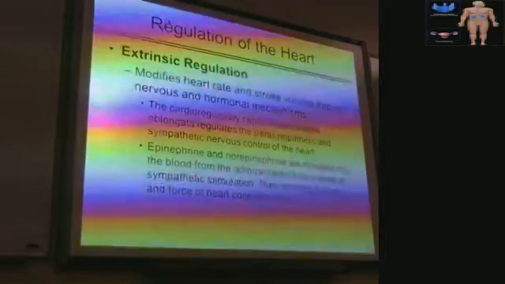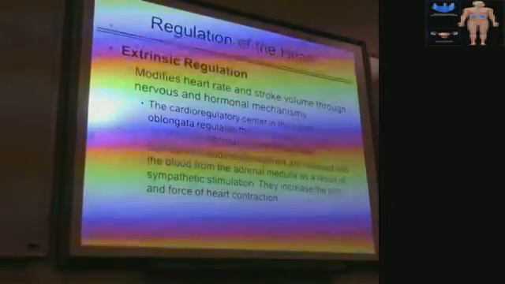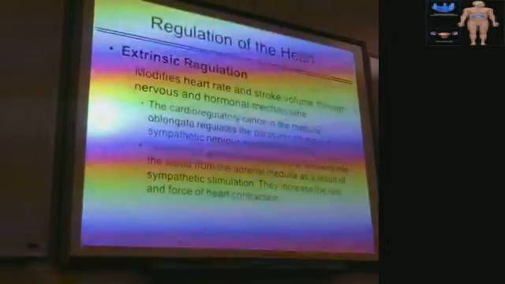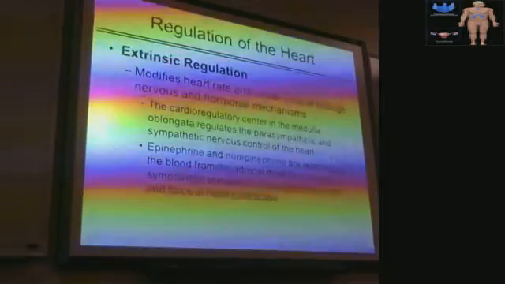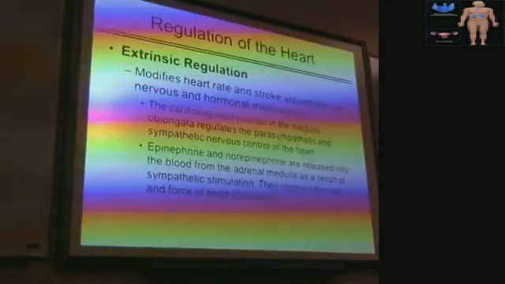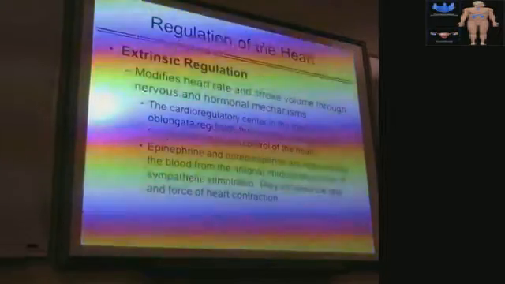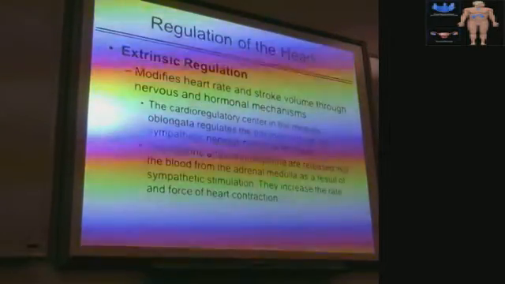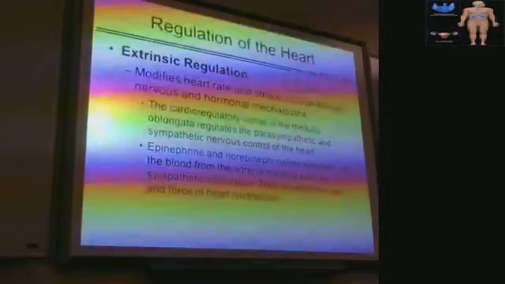Extrinsic regulation modifies the heart rate and stroke volume through the nervous and hormonal mechanisms. The medulla regulates the parasympathetic and the sympathetic nervous control of the heart. Your two main neurotransmitters to know for the heart are epinephrine and norepinephrine.